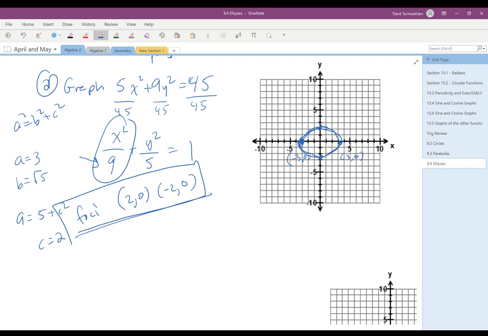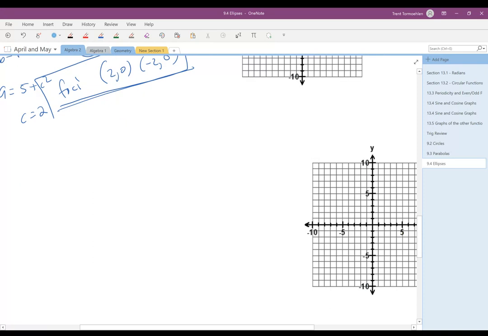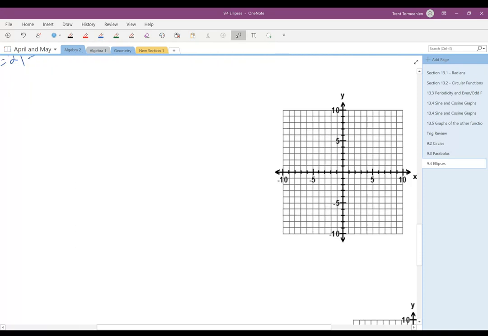Okay, when you look at them, sometimes you might need to do a better job than what the problem gives you from a scale perspective. So for example, if I had one that looks like this, 4x squared plus y squared equals 1.